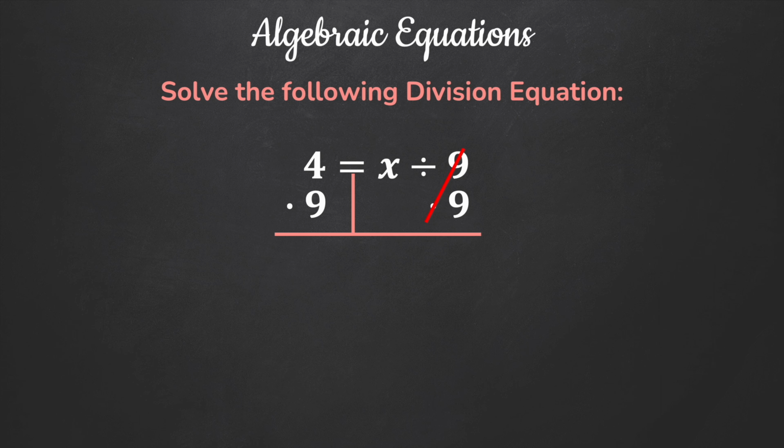So 4 times 9 is equal to 36. We're going to bring down the equal sign and then bring down the x. So x is going to equal 36. Now if we went back and substituted x for 36, we would have 4 is equal to 36 divided by 9, which is true, meaning we got the right answer. So x is equal to 36.